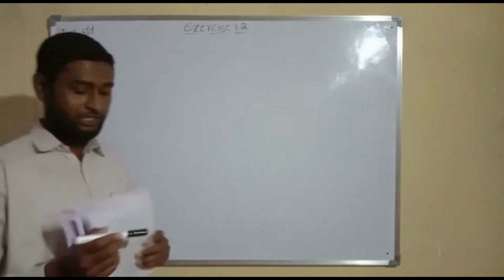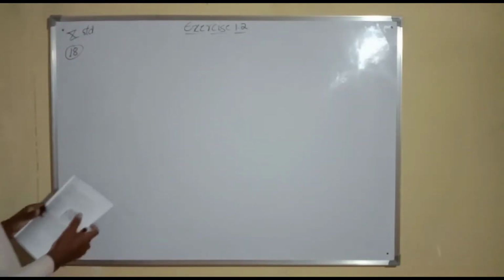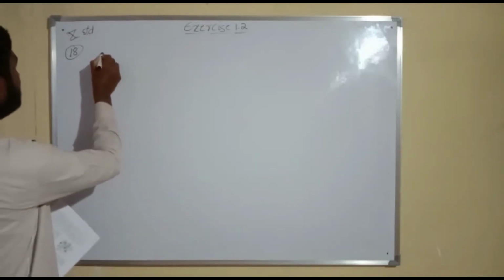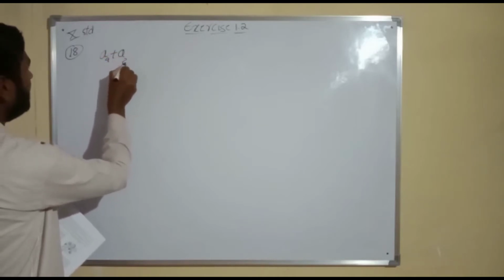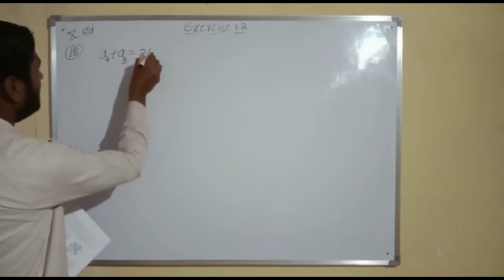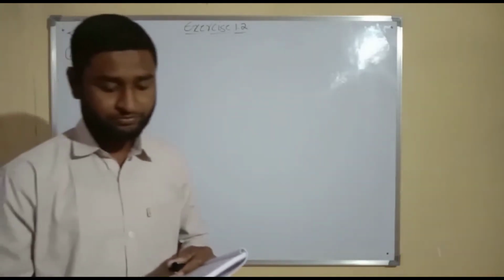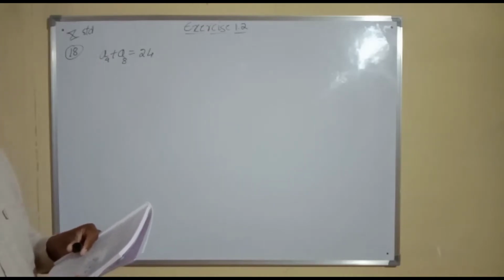First, let me write the given data. According to the given data, the fourth and eighth term sum is 24. We know A4 plus A8 is equal to 24, according to the given statement. And we are given the sixth and 10th terms.